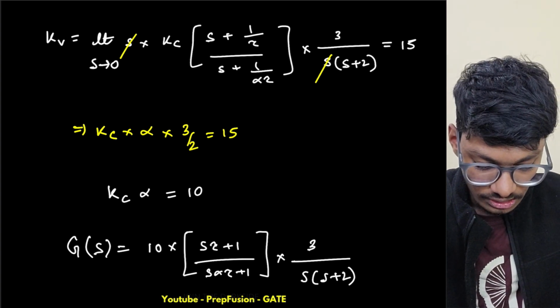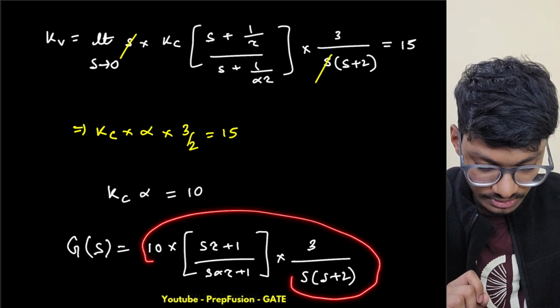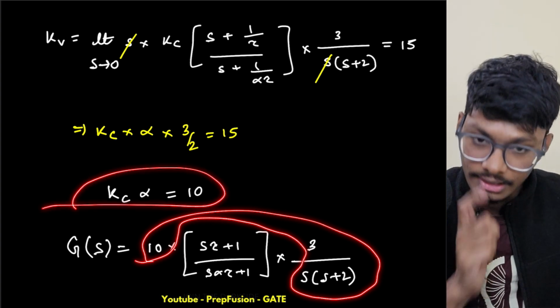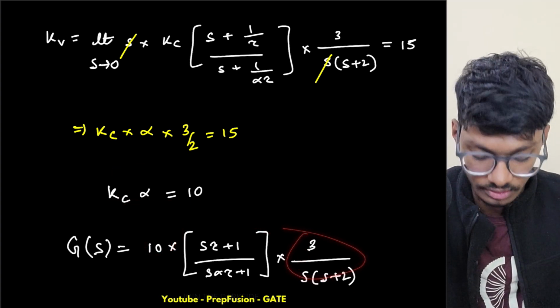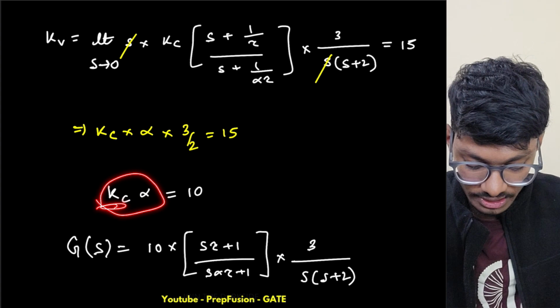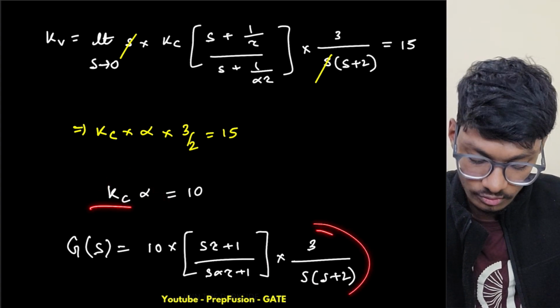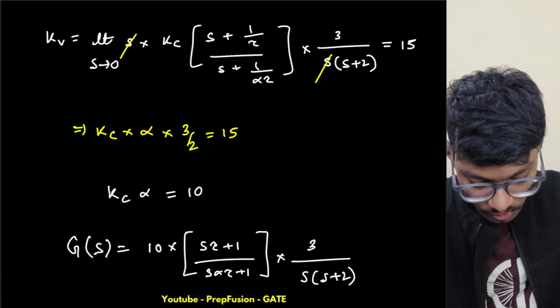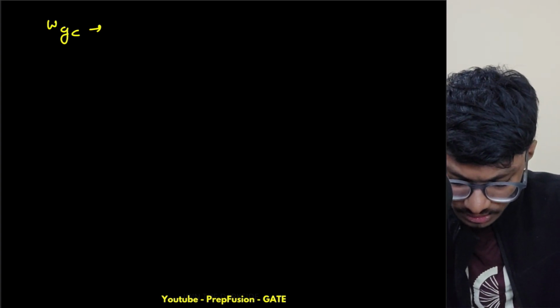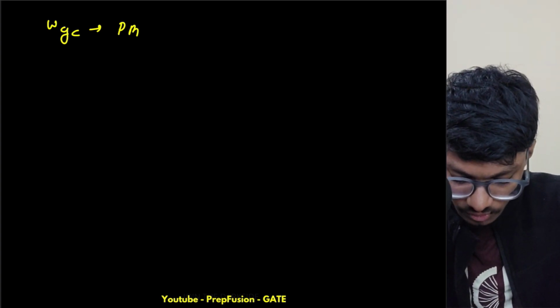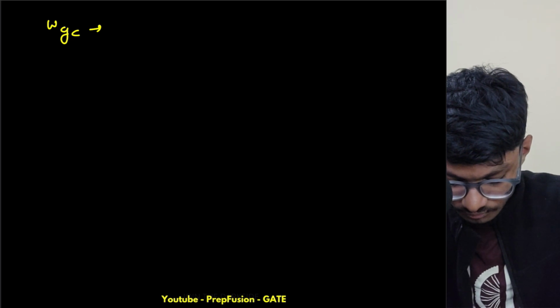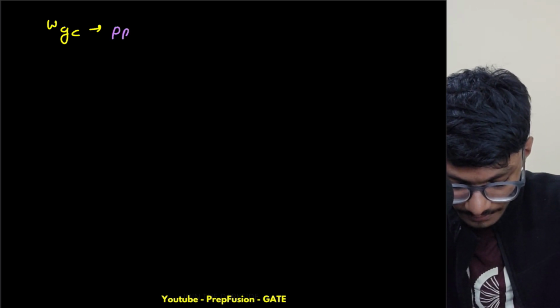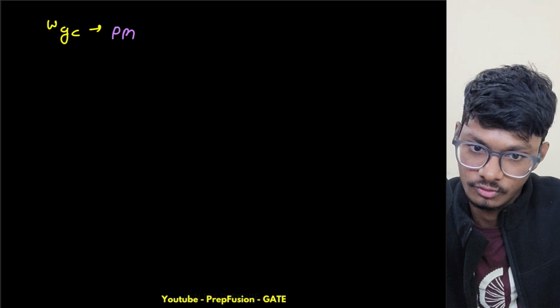Basically what I will see is my omega gc with just Kc into alpha and this transfer function, when I change my controller Kc alpha to 10. So basically I need to find omega gc for phase margin.